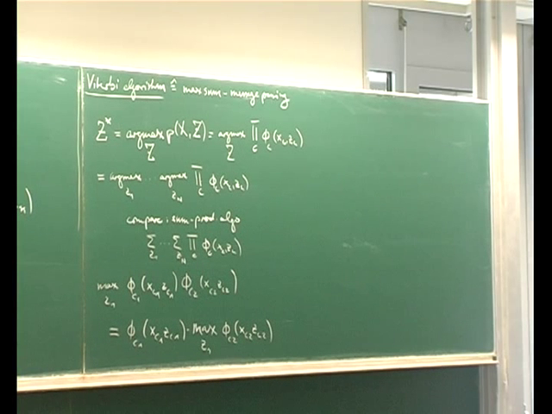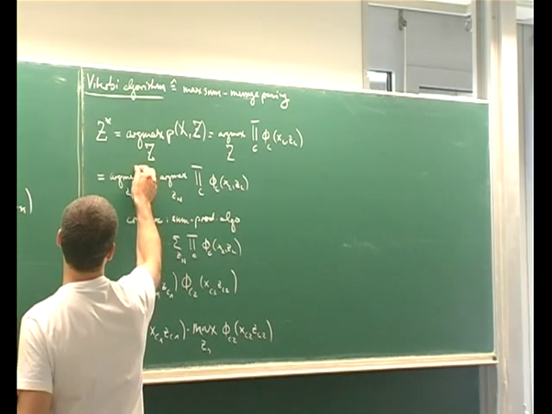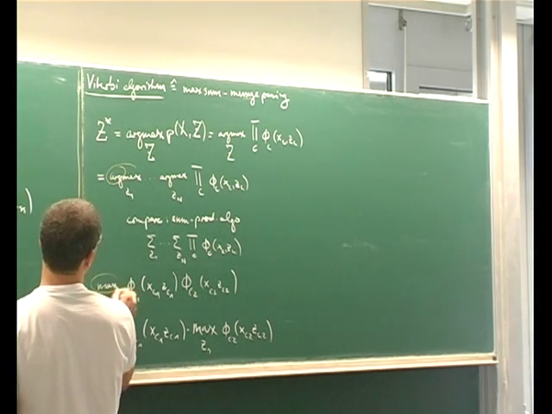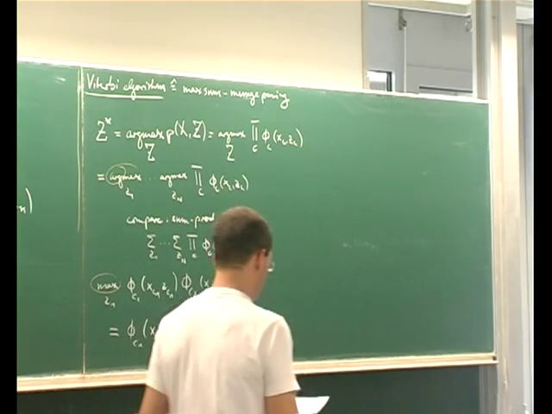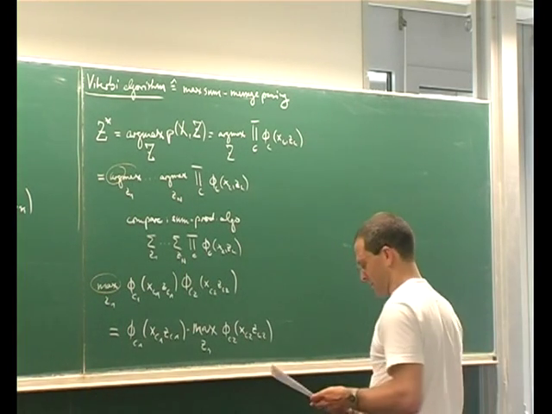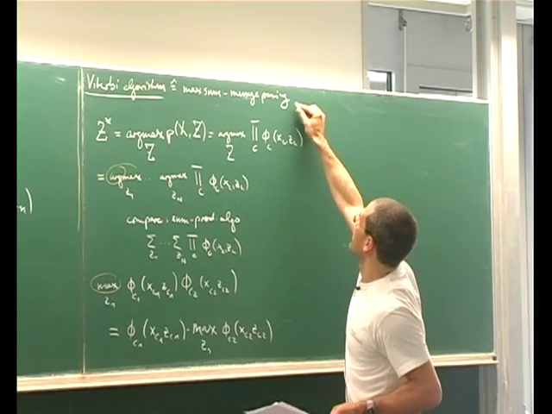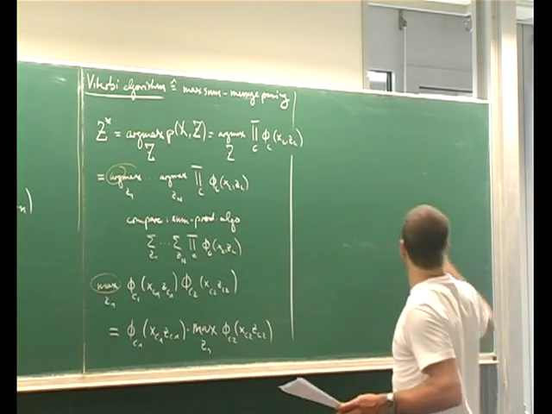This is almost what we need. Almost, but not quite, because really we're interested in the argmax, and here we just have the max. And this is why we need an additional decoding step at the end.